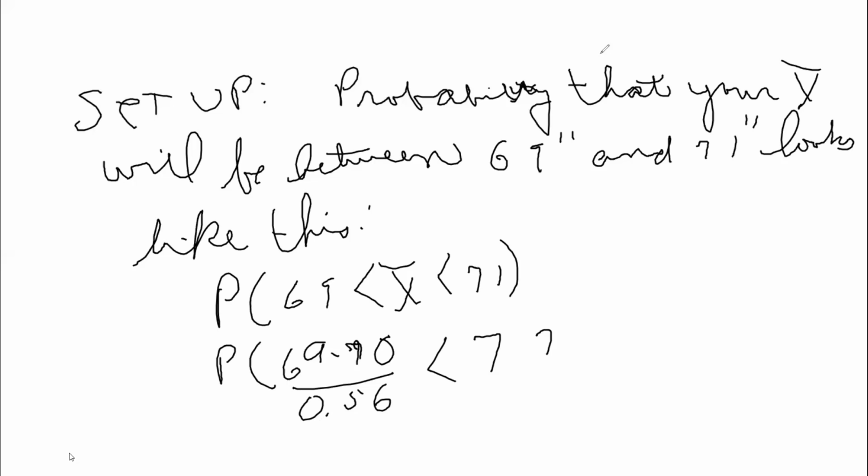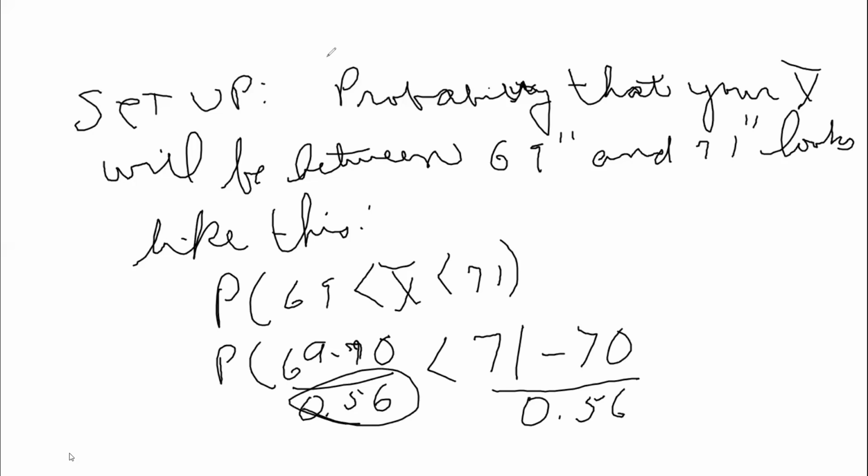Let me do that over again so it doesn't look so messy. 71 minus 70 over 0.56. That's what we got in part B, this 0.56, found in part B. That's why we did part B first.